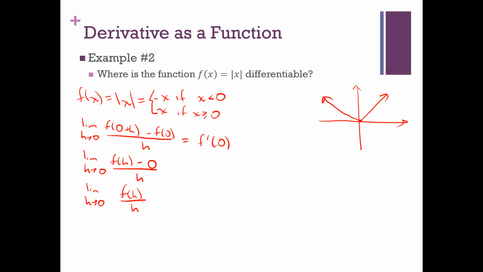So this is a two-sided limit, right? These are pretty hard to think about sometimes all at once, so let's break it up into positive and negative. What is f of h as h approaches 0 from the right?